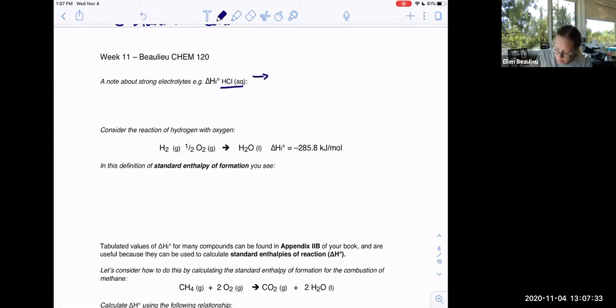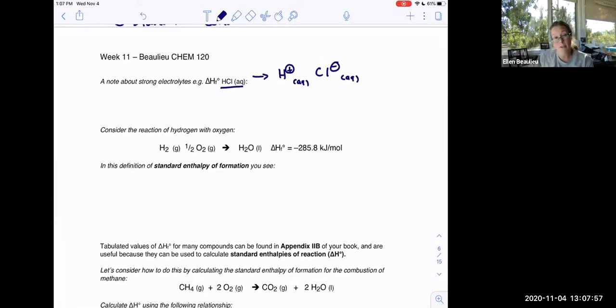In solution, it dissociates into H+ and Cl-. That's what strong acid means. So I don't have any HCl in solution. I have H+ ions and I have Cl- ions. Everybody with me so far?